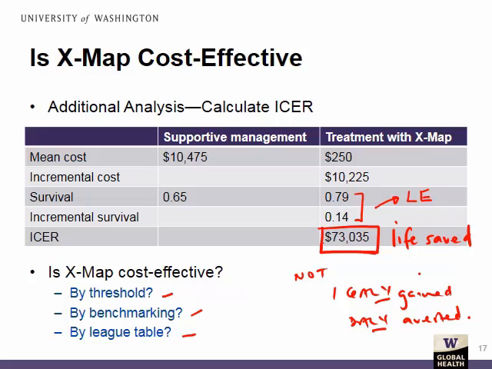So to decide whether it's cost effective using these three methods, you need to take it to cost per QALY gained, so you can compare with other healthcare interventions in a league table, or benchmark on some intervention that has been paid for in the society, or use a threshold, which is usually based on GDP per capita. But the point I really wanted to make was that this ISA is in costs per life saved, and it actually does look cost effective in most jurisdictions.